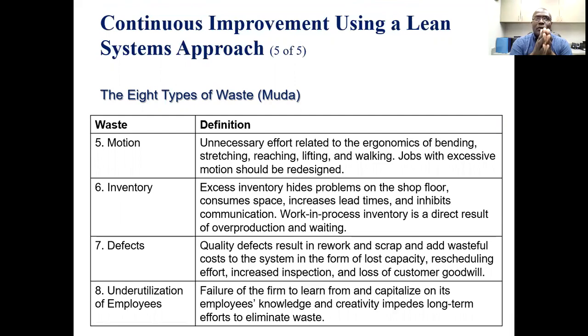This form of waste focuses on the fact that if we could reduce the amount of motion, we both conserve the energy of the employee, but at the same time, we reduce the potential, again, that product might be damaged. We reduce the probability that an injury might occur.